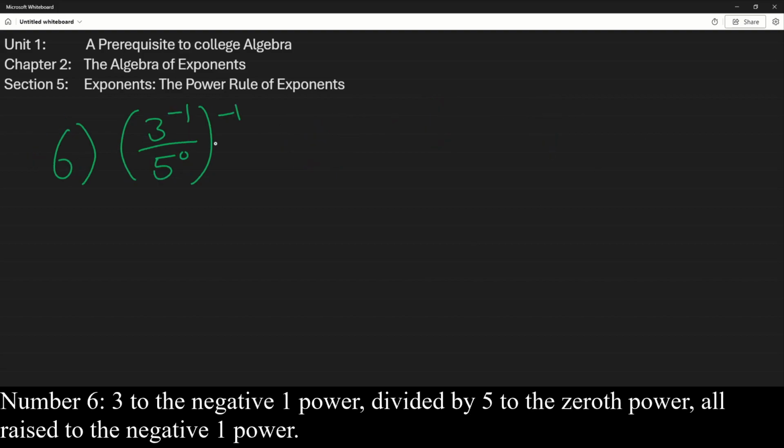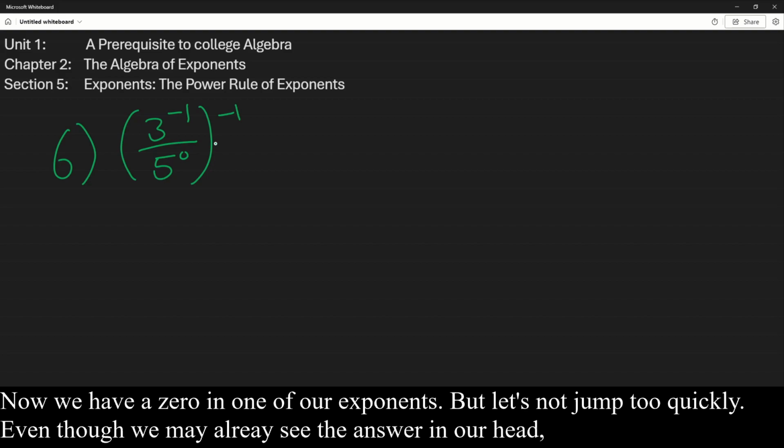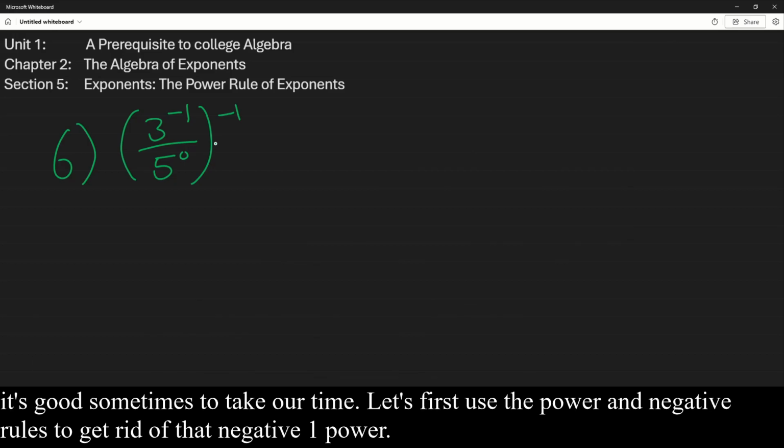Number 6, 3 to the negative 1 power divided by 5 to the 0 power, all raised to the negative 1 power. Now we have a 0 in one of our exponents. But let's not jump too quickly. Even though we may already see the answer in our head, it's good sometimes to take our time. Let's first use the power and negative rules to get rid of that negative 1 power.